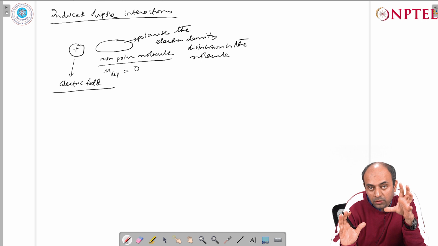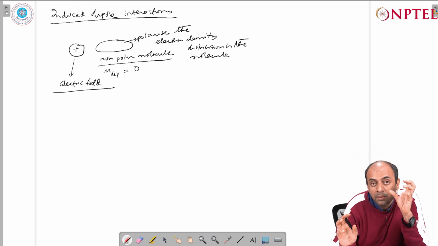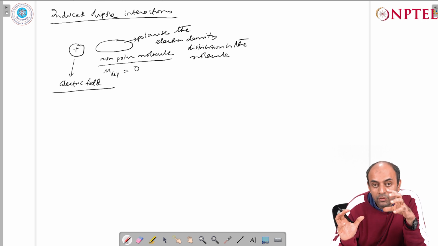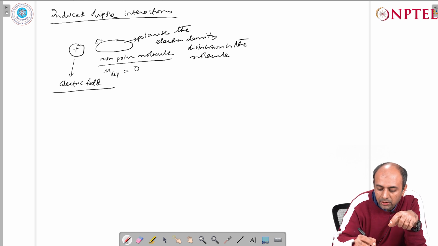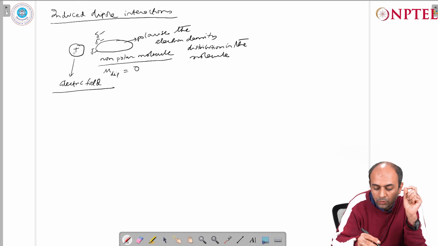And we know that molecules contain atoms, and atoms are composed of nuclei and electrons, which can be the core electrons as well as the valence electrons. Now the role of this positive charge is to polarize this electron density such that the negative charges come towards the positive charge, and the positive end of the dipole is away.